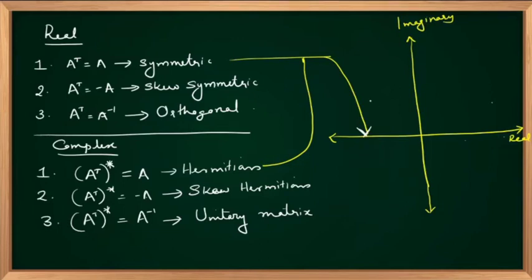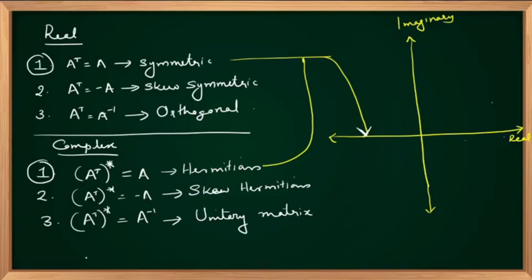There will not be any imaginary part for the first class of real and complex matrices. One is symmetric, another is Hermitian. For both these cases, eigenvalues will lie on the real axis.